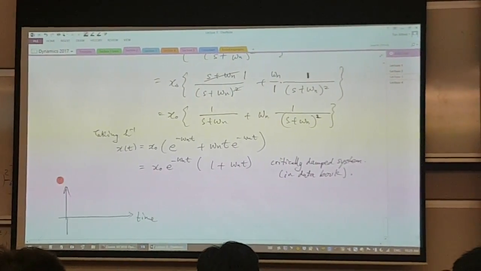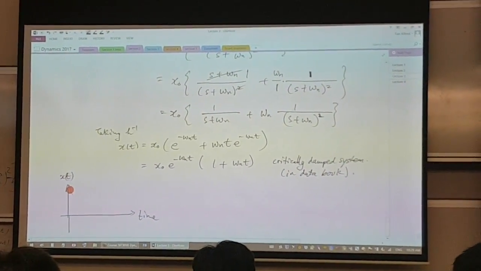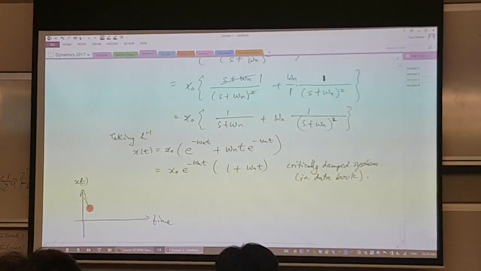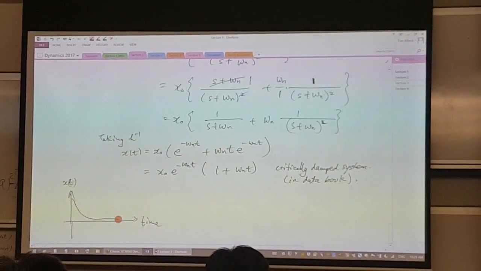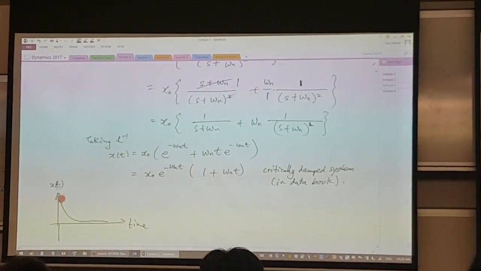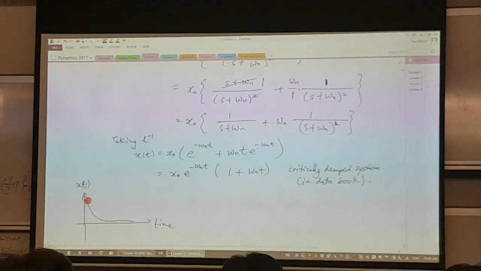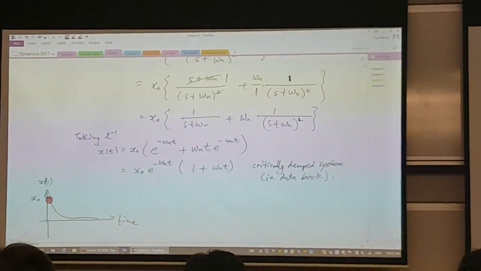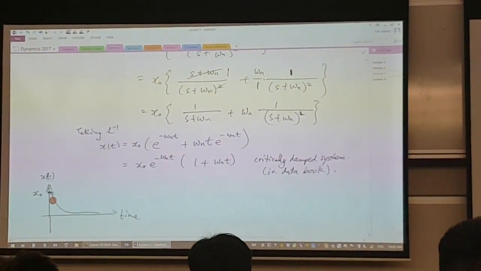Time, x(t) again. If I were to sketch critically damped, it's going to look something like this. It will drop very rapidly, right? More rapid than the overdamped case. So this is starting at x0 as well.